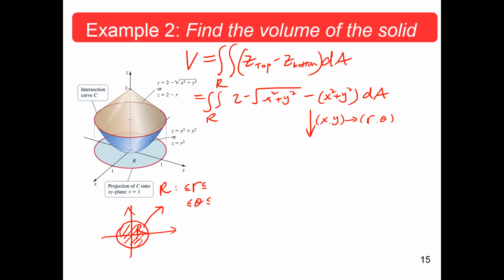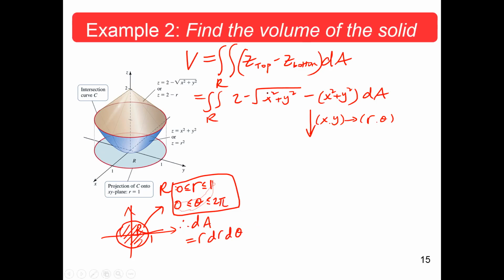Radius will be between 0 and 1, and angle theta would be between 0 and 2 pi. So you see, this time it's very easy to describe the region R by using r and theta. And dA would be r dr d theta.